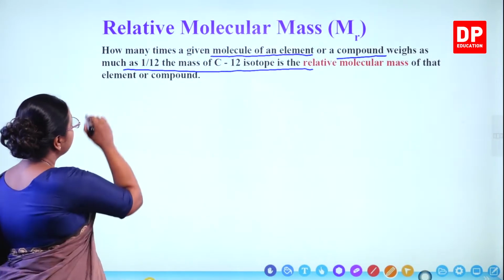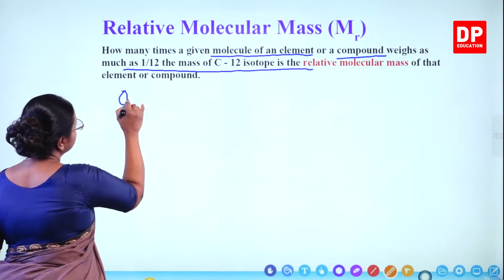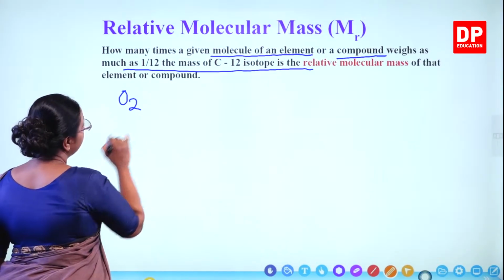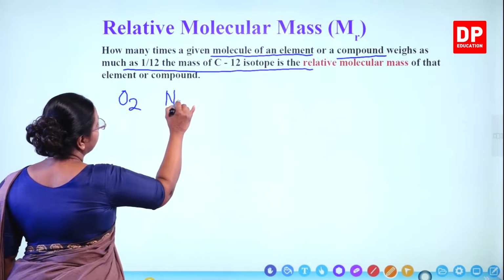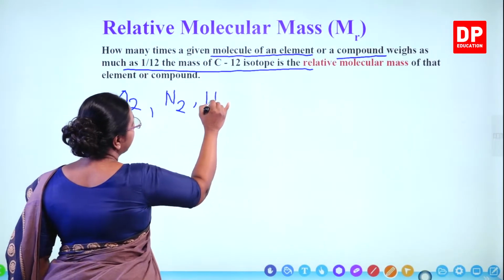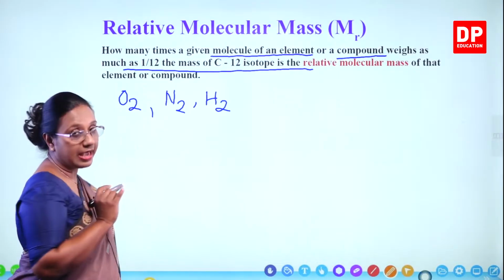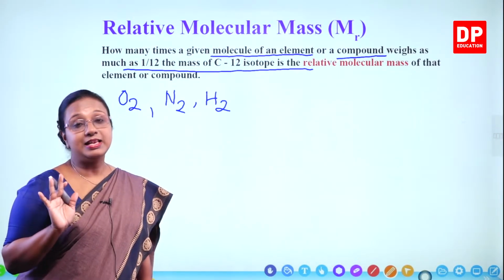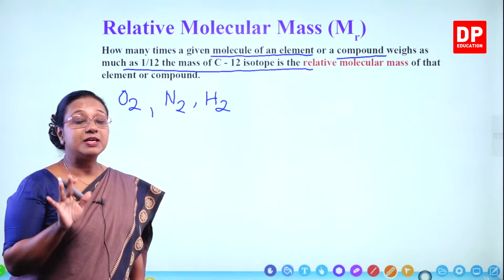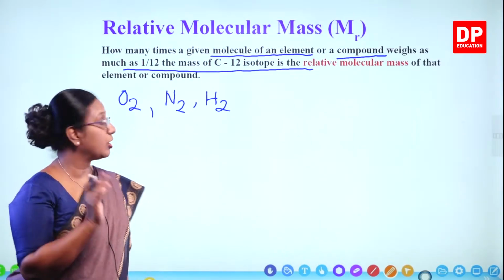Now, if we take molecules like oxygen, O2 molecule, or N2 molecule, or let's say hydrogen, H2 molecule. Now, these are all gases and they are elements. But these elements exist in the form of molecules.